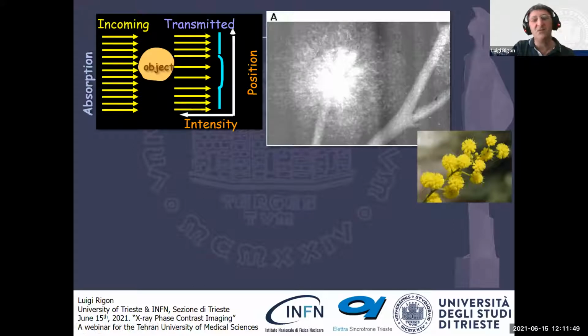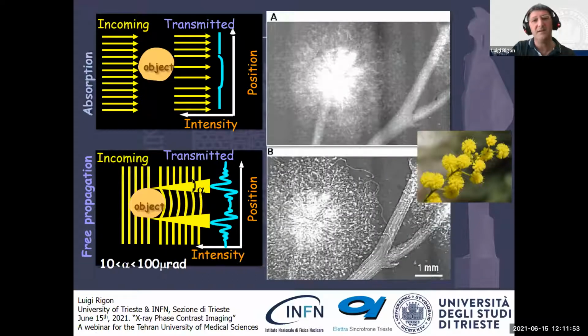While if you just move the detector a little bit farther away, this is the image that you get. It's a much sharper image because it takes advantage of this propagation of the beam. During the propagation, there is an interference between the beam that's being phase shifted by the object and the unperturbed beam here on the side. And this results in this edge enhancement effect.